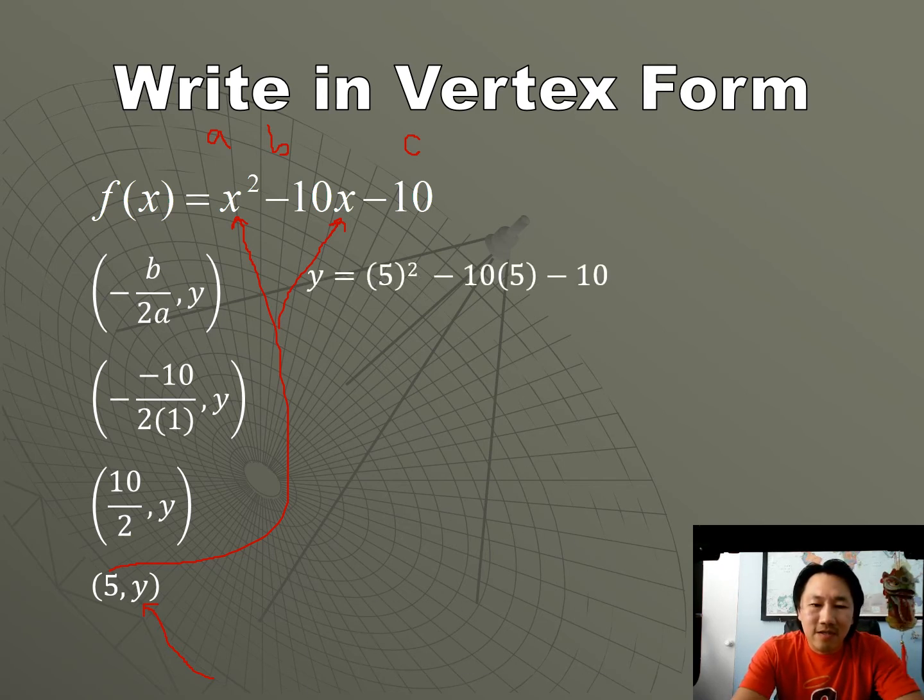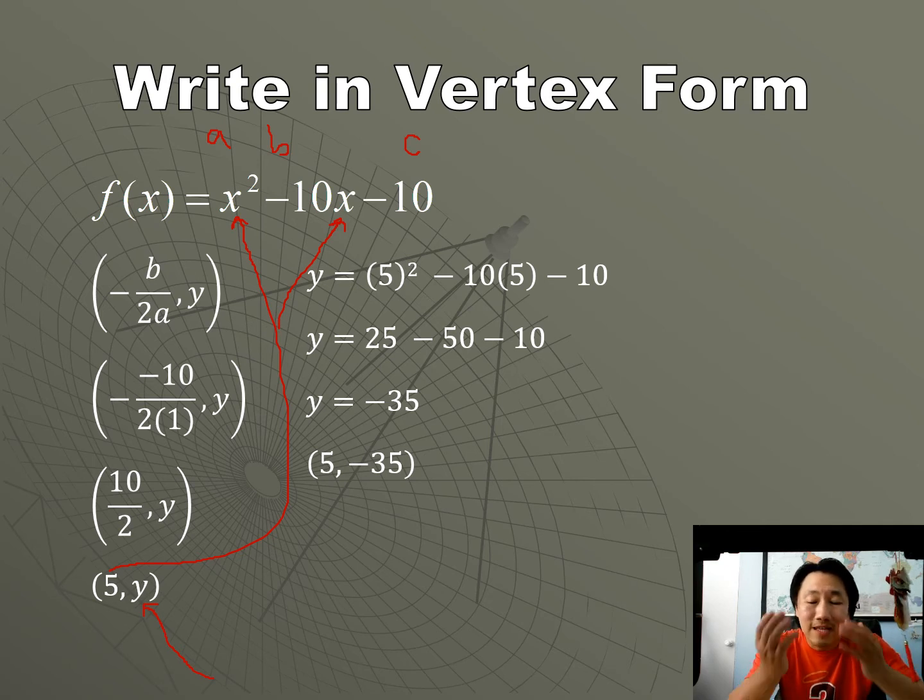Plugged in the 5 into the x and then the other x. We have this. Simplify it. 5 squared is 25 minus 50 minus 10. Combine all of those together. We get y equals negative 35. And there is our vertex, 5, negative 35.